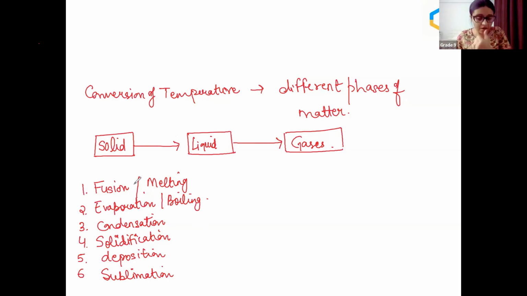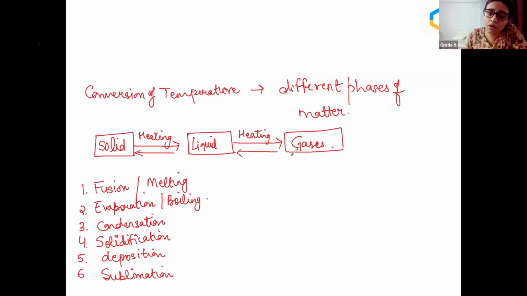Is temperature required or heat required or not when we convert this solid to liquid? Required? Heating is required? It means we are increasing the temperature. Now, when we convert liquid to gas, we also need temperature here. That means we are providing heat.